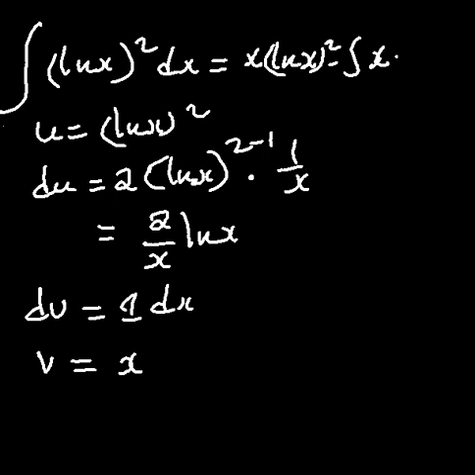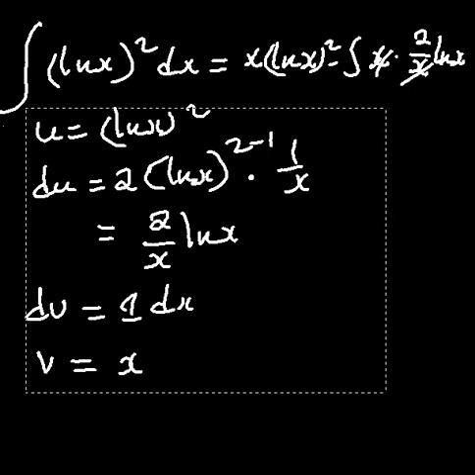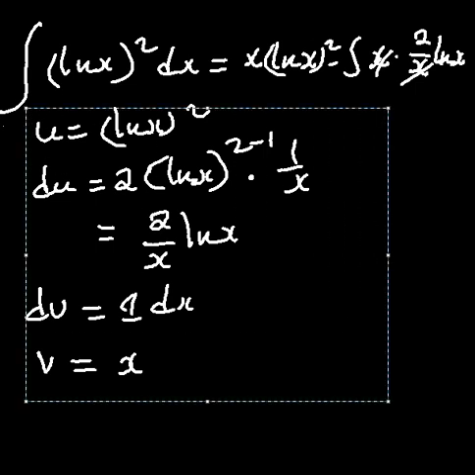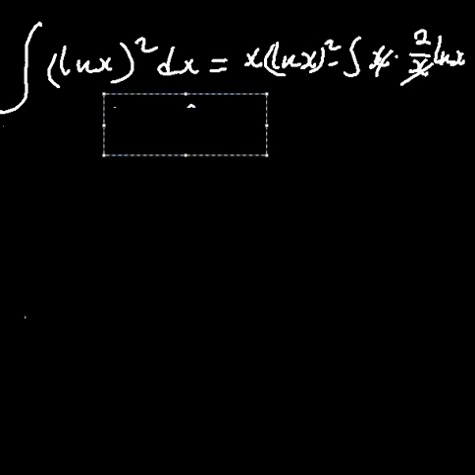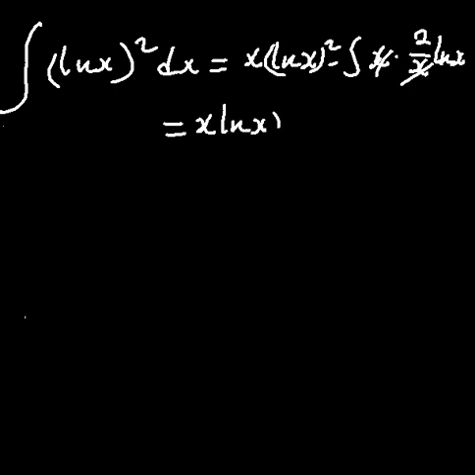And what is the du? We have it as 2 over x times ln x dx at the end. So this and this will cancel. So in this case, we'll have x times ln x to the power 2 minus the integral of 2 ln x dx.